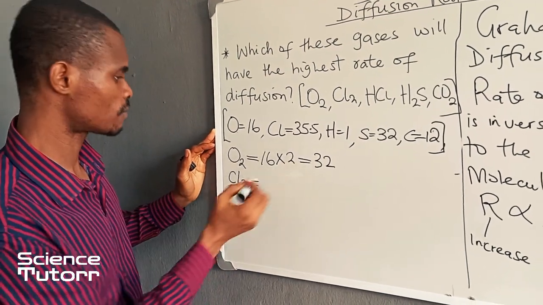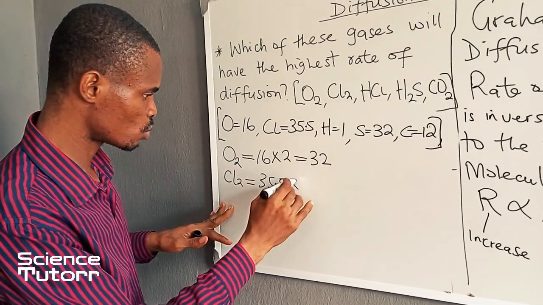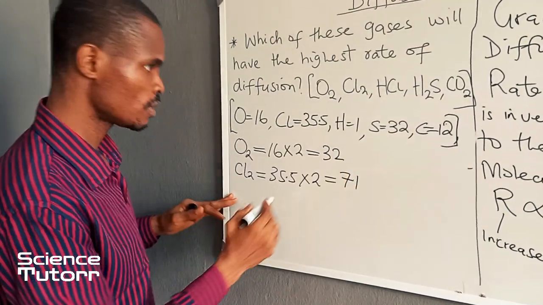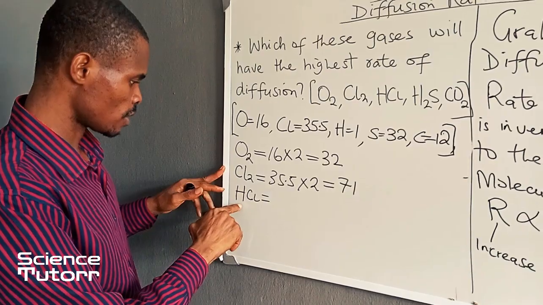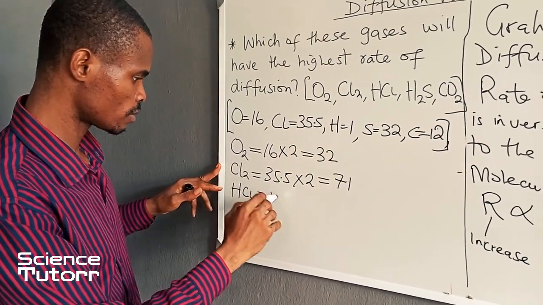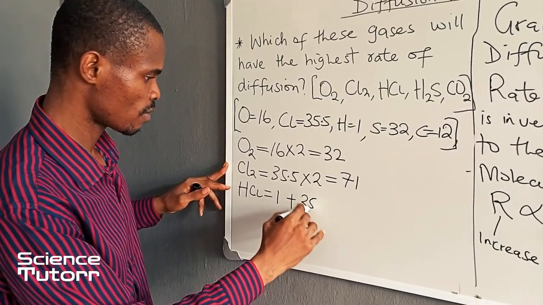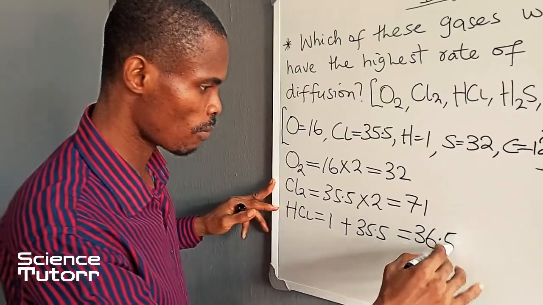For chlorine, we have 35.5 and we have 2 of it, so times 2 gives us 71. The next gas we have is HCl. Hydrogen is 1, plus chlorine, which is 35.5, so we have 36.5.